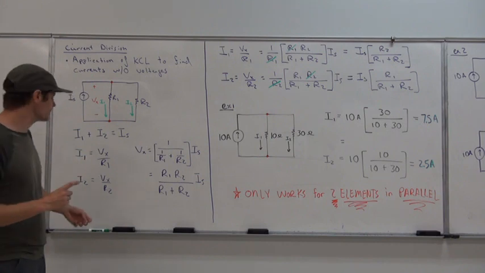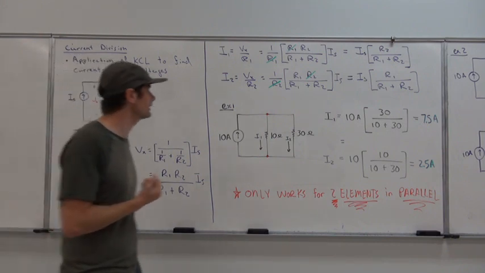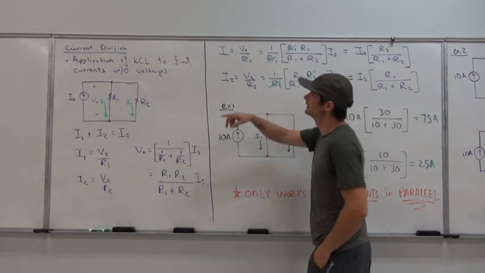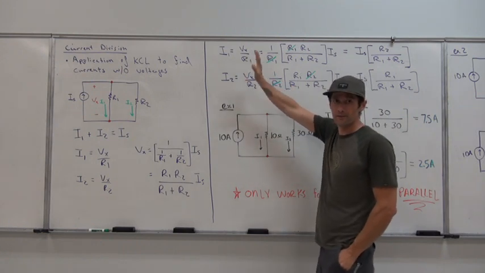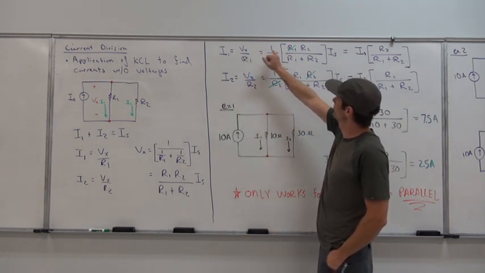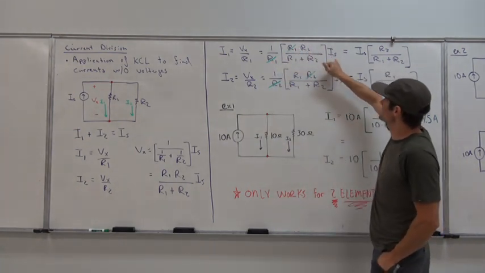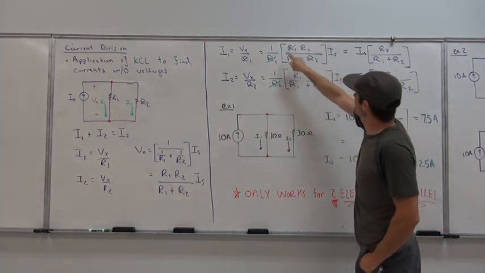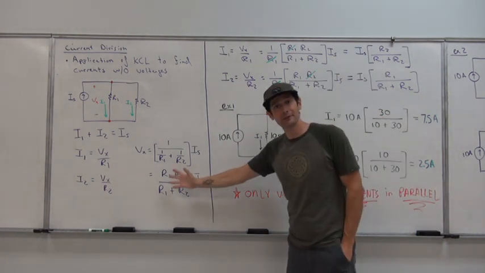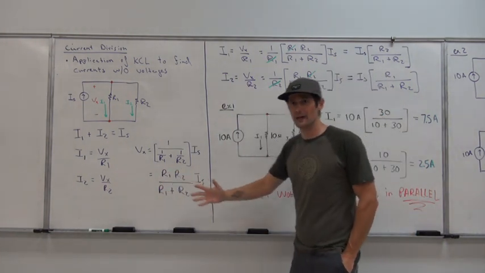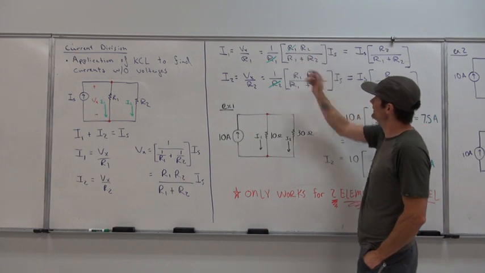Let's see what happens when we substitute that in. So I1 is equal to Vx divided by R1, which is equal to 1 over R1 times that equivalent resistance times IS, because remember, this form is what we determined for Vx. So we substituted this in for Vx.